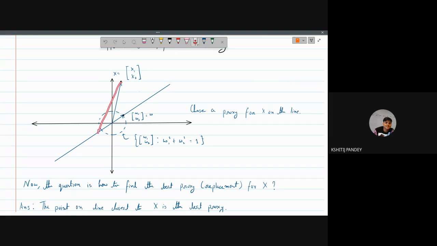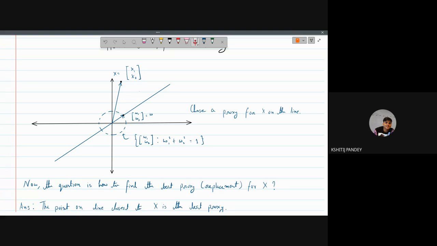Maybe it is here, here, or here. We don't know. This is the point which is outside the line. I mean this is the vector. Here I'm using the words point and vector interchangeably, so don't get confused. And this is the representative vector W, and the norm of W is 1.